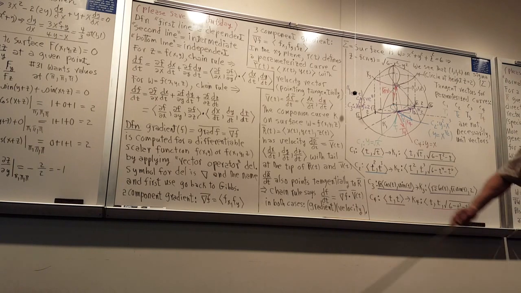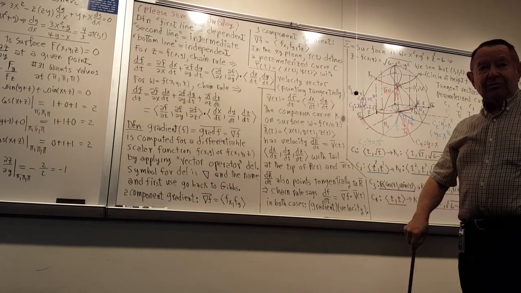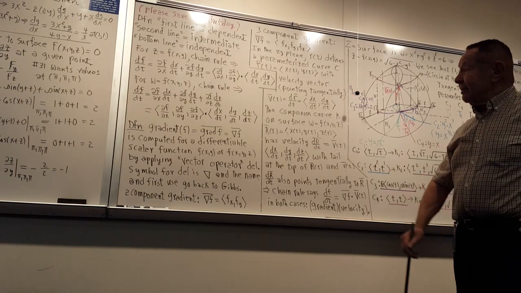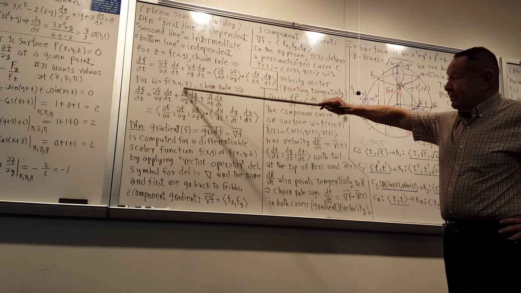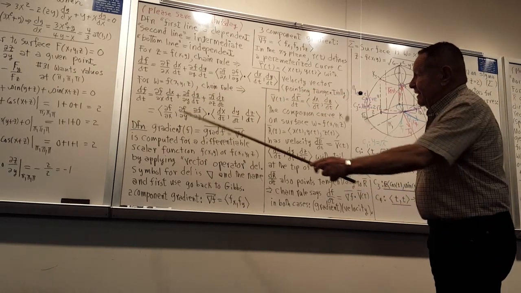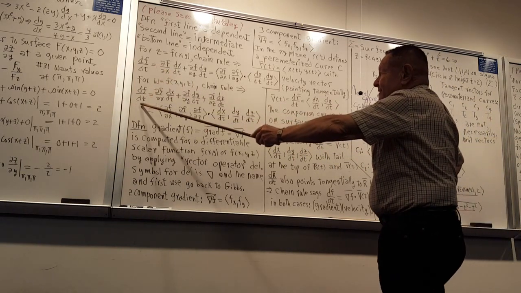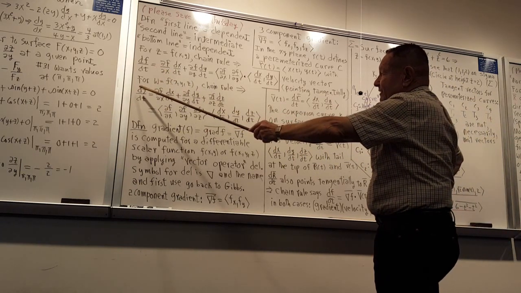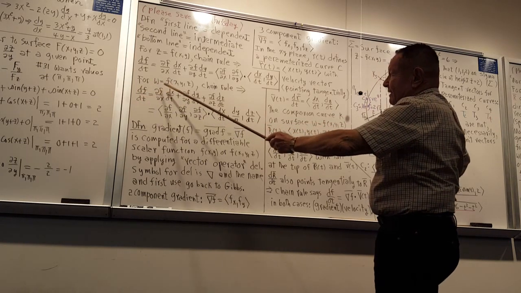If you have 3 variables, which we also want to be able to work with, then say you call the function of 3 variables w, and then your dw/dt, you could either write it dw/dt or df/dt.